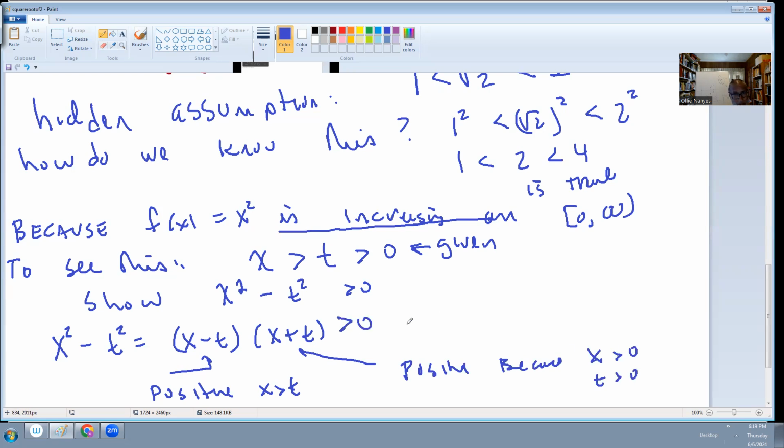So this is greater than 0, which implies that x squared is greater than t squared. So the squaring function is increasing, so we can actually assume this. So that's what I have here.